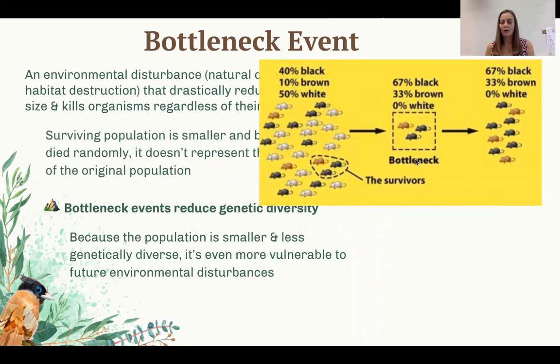And that means that the offspring are going to be very similar, 2/3 black, 1/3 brown, and no white. So if the environment changes in such a way that a white mouse would be advantaged because of camouflage or whatever other reason, this population is not going to be able to survive because they don't have that trait.